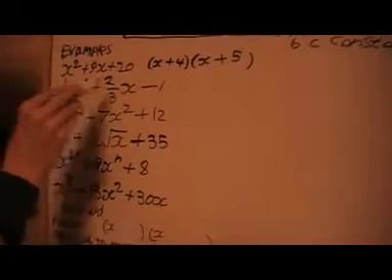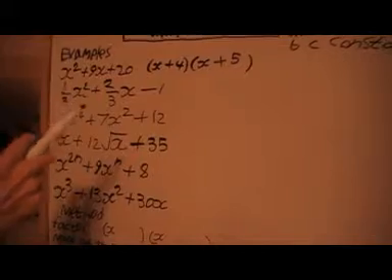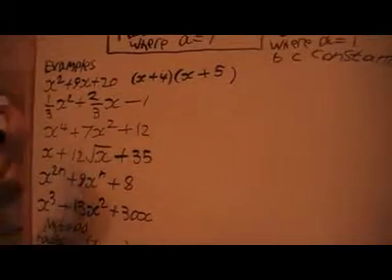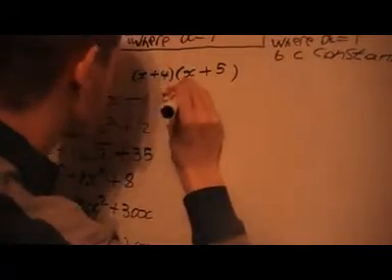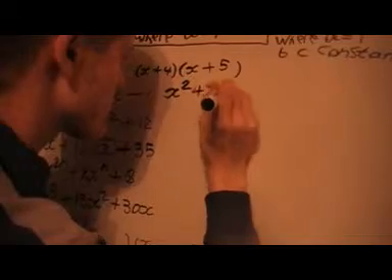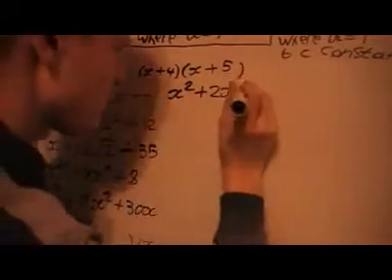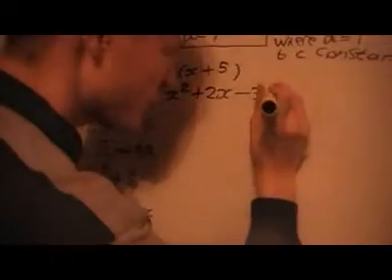Next one here, we've got some fractions in it, so I think the best thing to do here is to multiply everything by 3 and get rid of them. So then we're going to get x squared plus 2x minus 3. And then we're going to factor that.